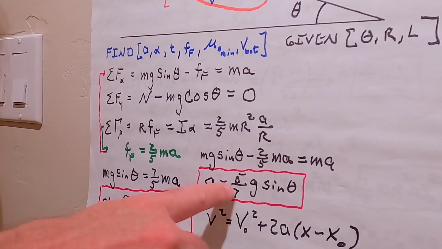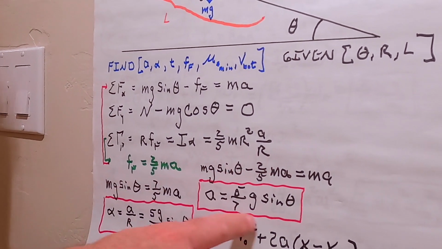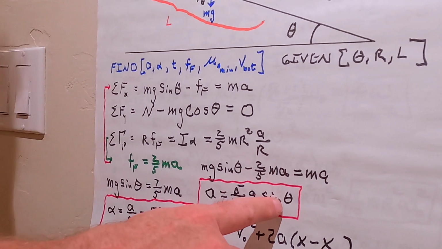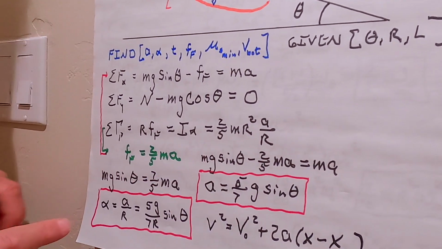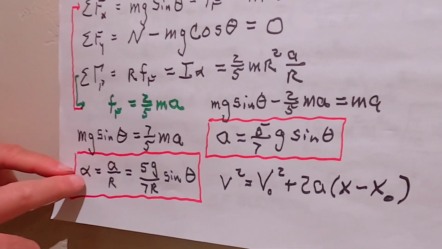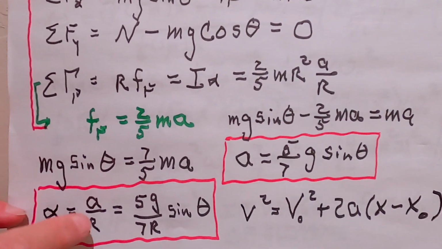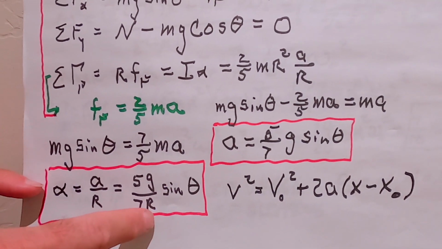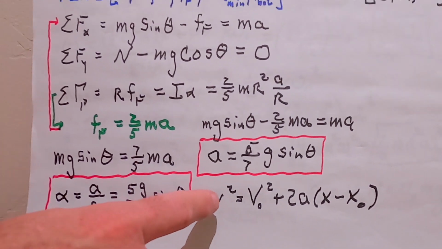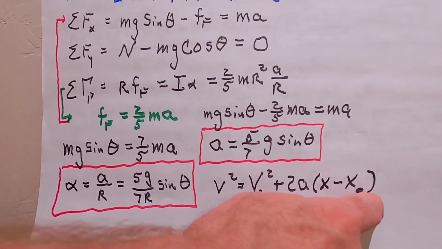That's definitely a constant, since g's not changing and theta's not changing, so we can use constant acceleration equations. If I wanted my alpha, alpha is a over r, so just take that and divide it by r. To get the speed at the bottom, we'll use this equation.